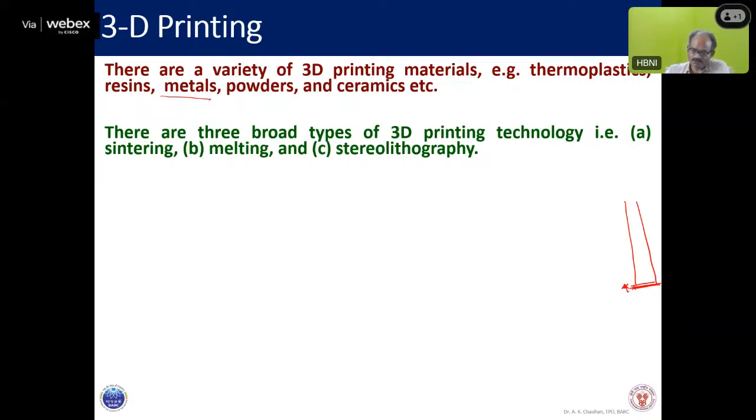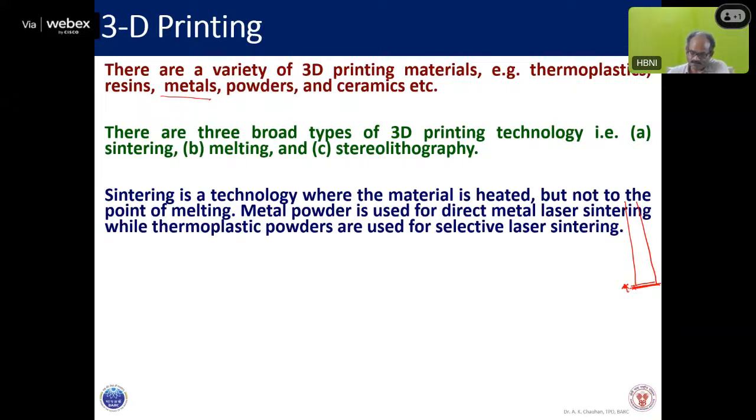There are three broad types of 3D printing technologies: sintering, melting, and stereolithography. Sintering is a technology where the materials are heated but not to the point of melting. Metal powder is used for direct metal laser sintering, while thermoplastic powders are used for selective laser sintering.